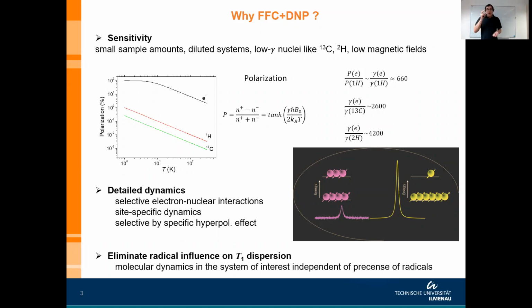And that's why DNP could also give us a lot of information about dynamics in the system. I will talk also about how we can eliminate a certain influence that this interaction has on the relaxation of the nuclei itself.